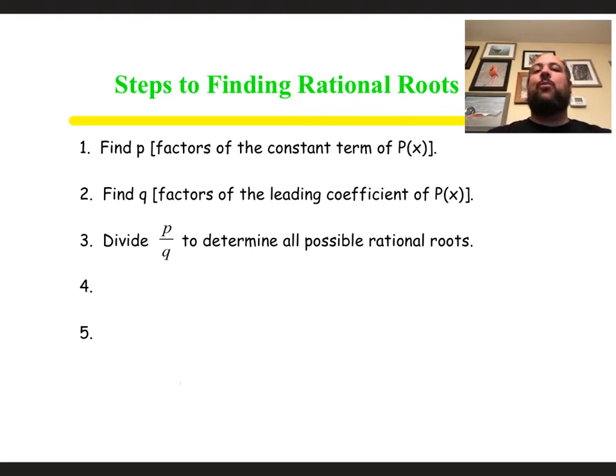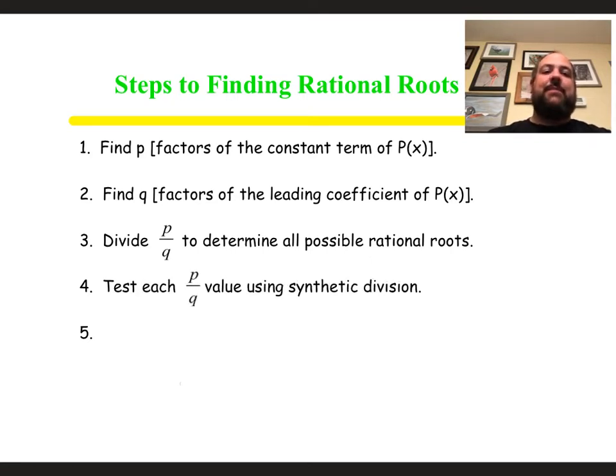This is how we whittle that down to a specific value or set of values, maybe 4, 5, 6, 7, 8. It all depends on what our function actually is. So we generate the possible roots with the p over q values. Once we've created our list, then we test them.